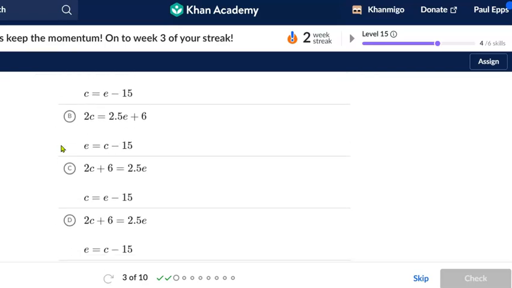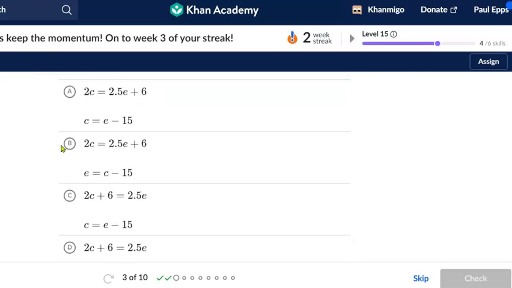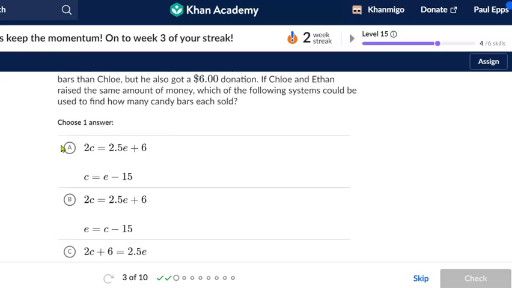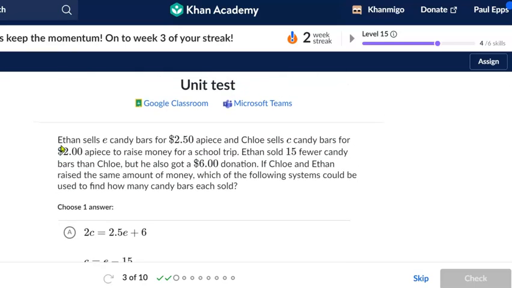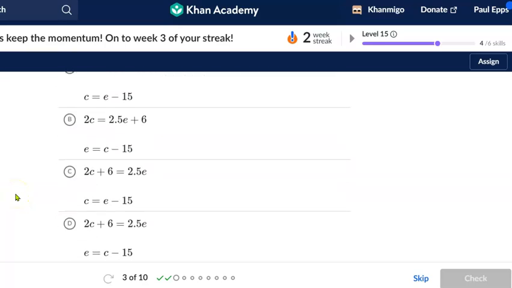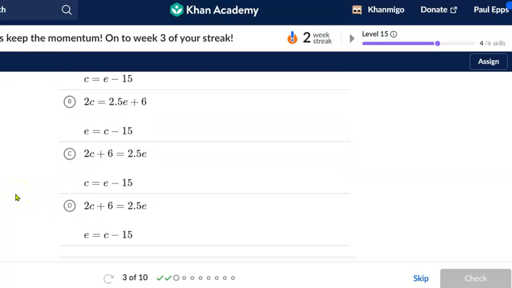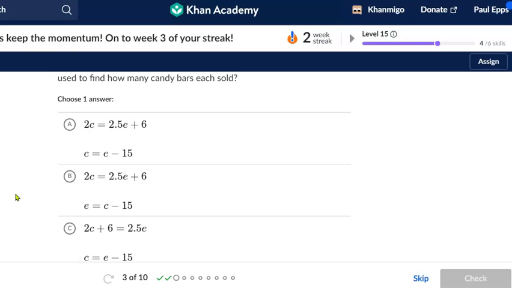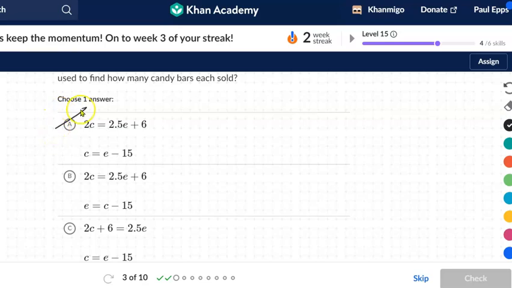Let's take a look at everything here. They all have a similar kind of structure. Now, Ethan sold fewer than Chloe. So E equals C minus 15, which we have in B and D. So A is out, C is out.